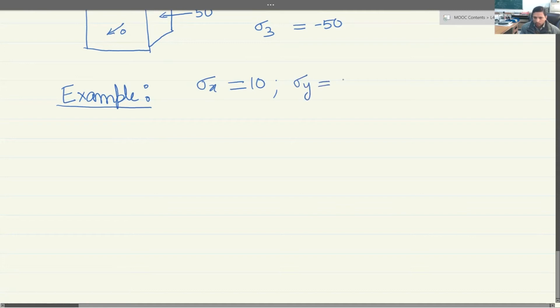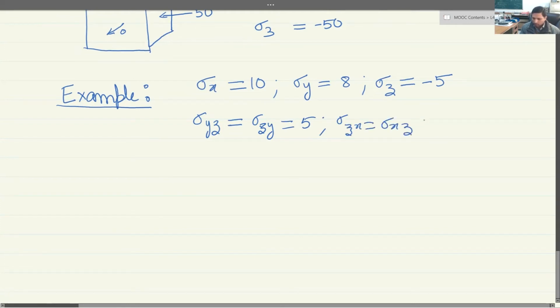Sigma y is equal to 8, sigma z is equal to minus 5, sigma yz is equal to sigma zy is equal to 5, and sigma zx equal to sigma xz is equal to minus 4, and sigma xy is equal to sigma yx is equal to minus 8. So you are given all of these.